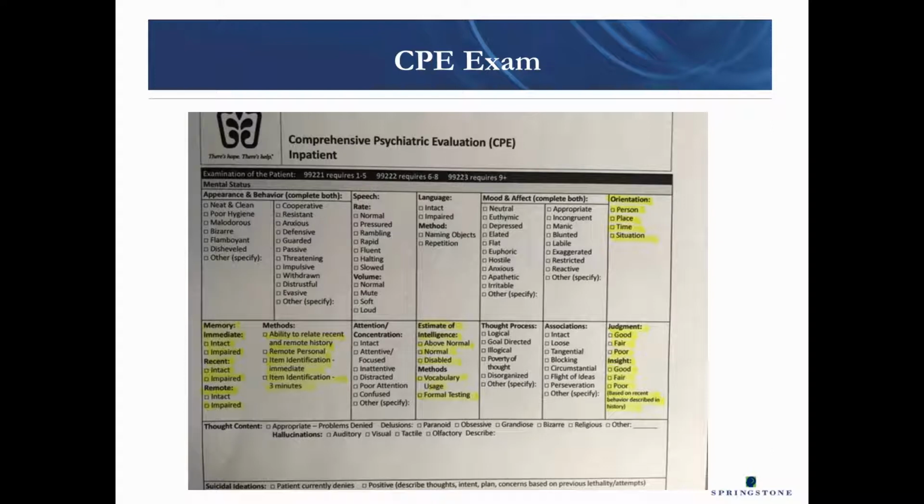For estimate of intelligence, if it's, for instance, normal, you can check that that was based on the patient's vocabulary use. Or if you did actual formal testing, then you can check that. So that's how this is set up on the actual template that you'll be filling out.